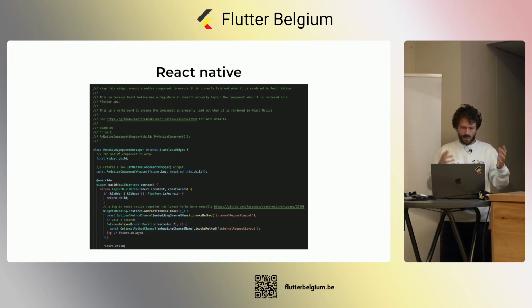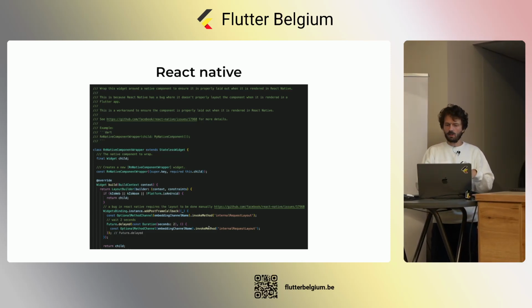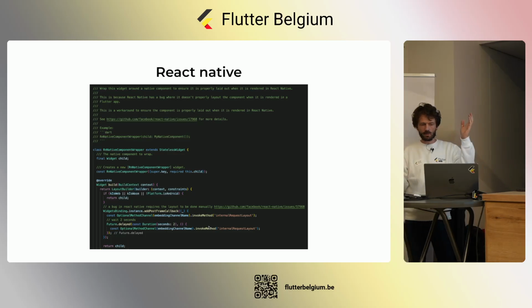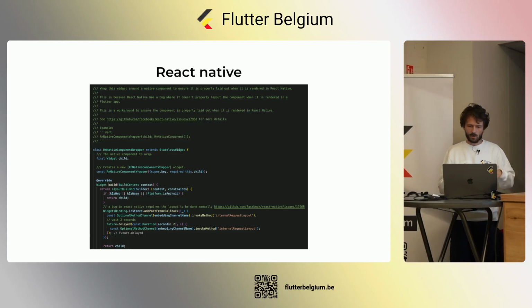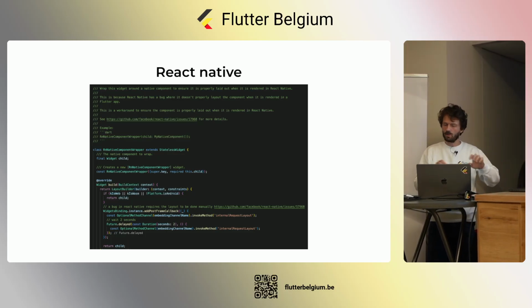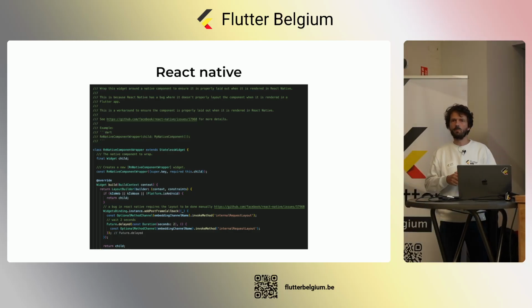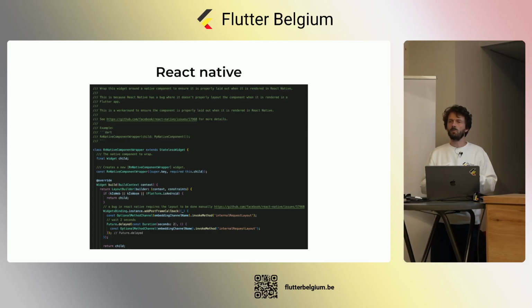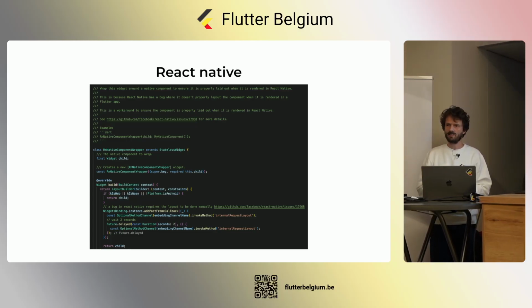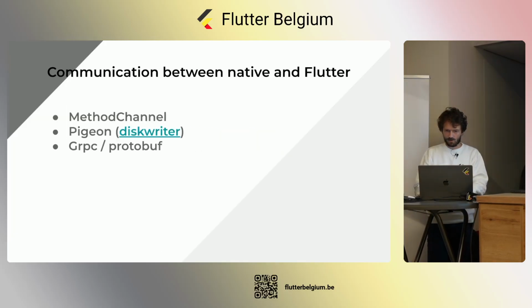If you embed that, when some resizes are happening, it will do a method channel invoke. You don't have to do it manually. And on the native side, on Android, I'm then saying to the layout manager of React Native, hey, you have to resize now. And then it works. So again.